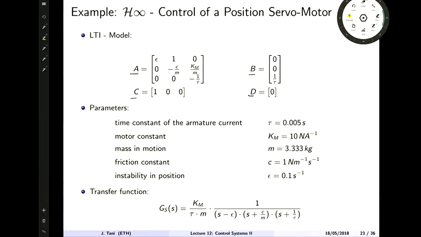Then we know that, well, this is the transfer function. We simply computed C times (sI minus A) inverted B plus D. So we get this transfer function. We see, okay, we have 3 poles. And what we see is that 2 of them are stable, and 1 is unstable.